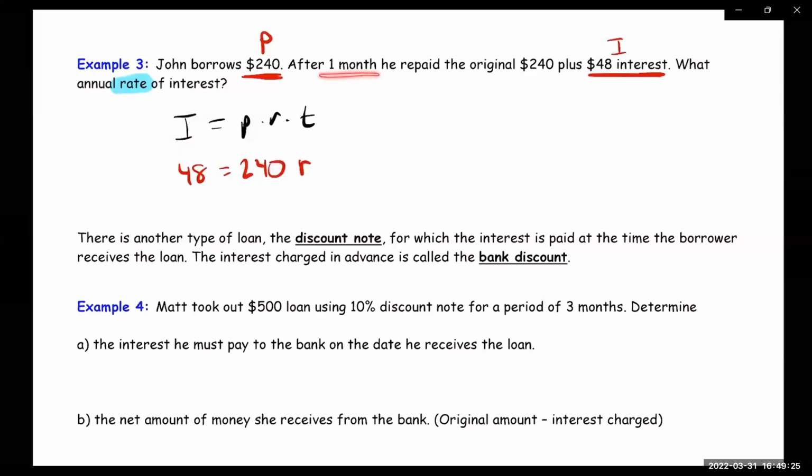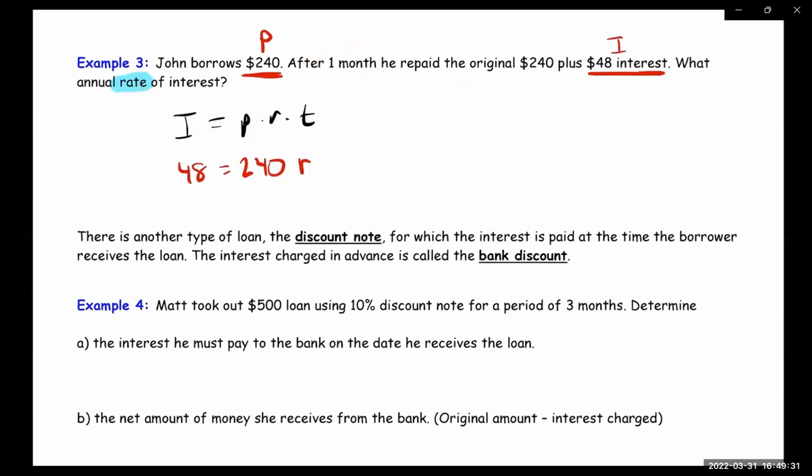1 month, but don't forget, because the interest rate is an annual interest rate, that means we have to convert this to years by dividing by 12. So 1/12. You can convert it to a decimal if you want, but 1 divided by 12 is 0.0833 repeating.